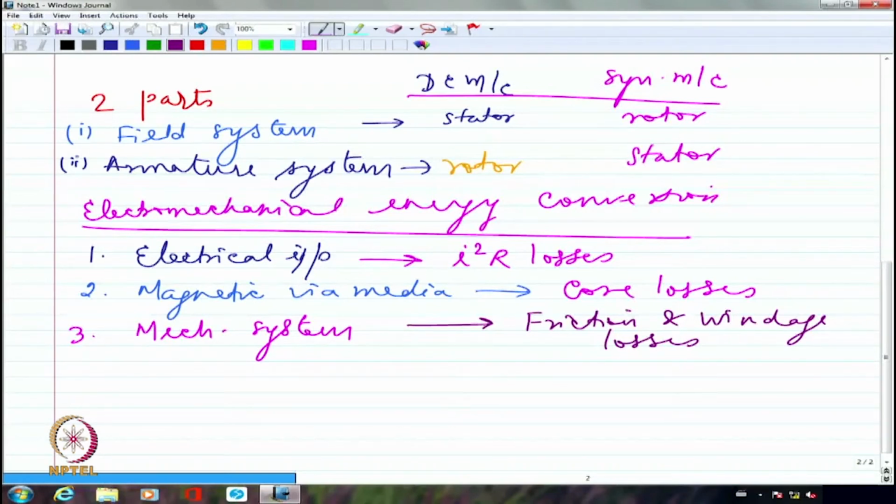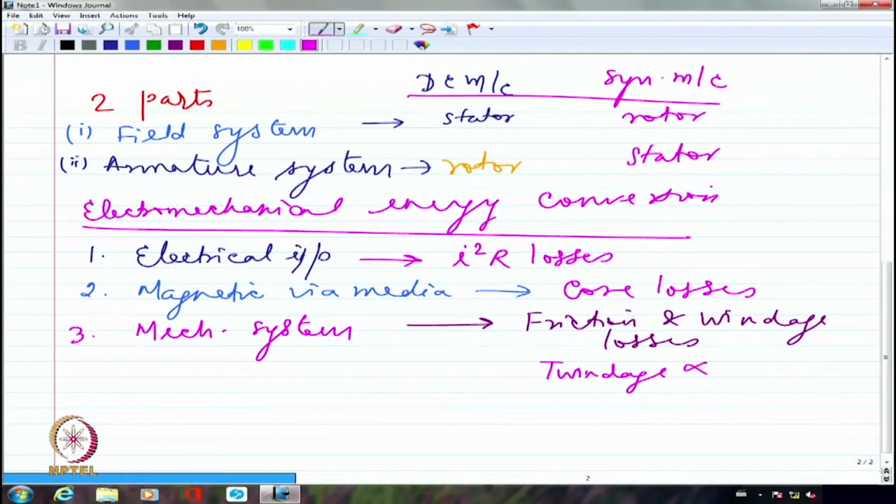And in general, empirically the expression we can say the windage loss is actually proportional to, if I write it in the form of torque, so T windage I am saying, the loss torque associated with windage. Normally we talk about the losses in the form of watts, right? But here I am talking about it in the form of torque.